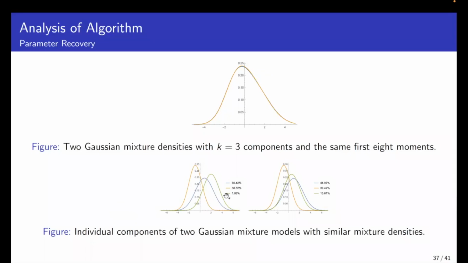For instance, one component here has weight 1% versus the lowest weight over here has weight 15%. So, for the purposes of density estimation, we can do that, but we can actually do something stronger. Other techniques like maximum likelihood estimation can only do this density estimation, not the parameter recovery.